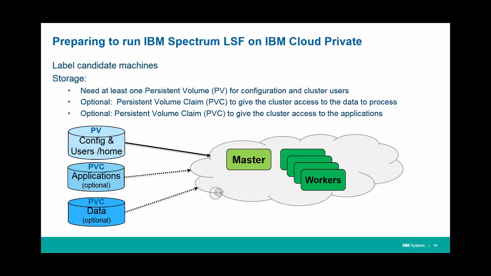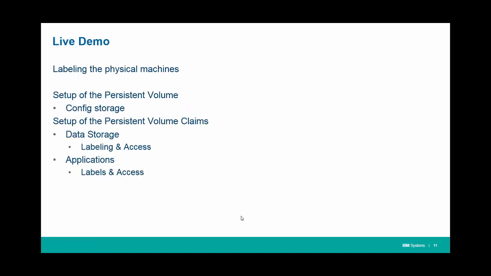We need at least one persistent volume per cluster that we're going to deploy. We'll also optionally need two persistent volume claims, one for applications, so this would hold all of our application binaries, for example, and another for any data that we want to be able to process within those clusters that we're going to deploy.